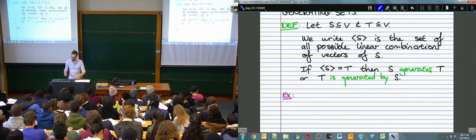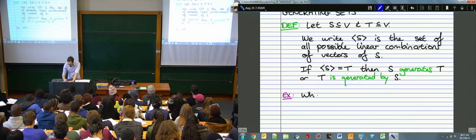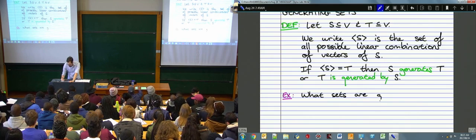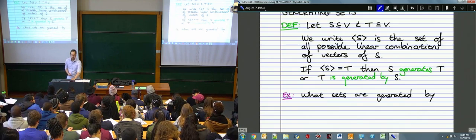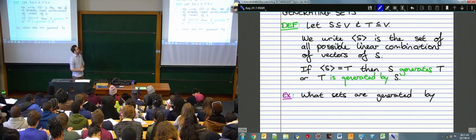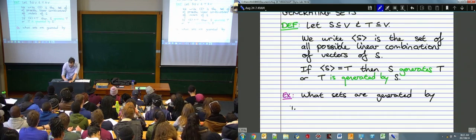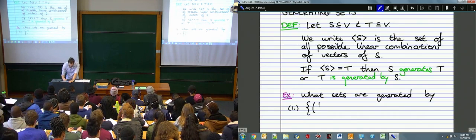And I guess we can actually do a whole bunch of examples. So I want to know what sets are generated by. Okay, so question 1. What is the set which is generated by just this vector 1, 2?